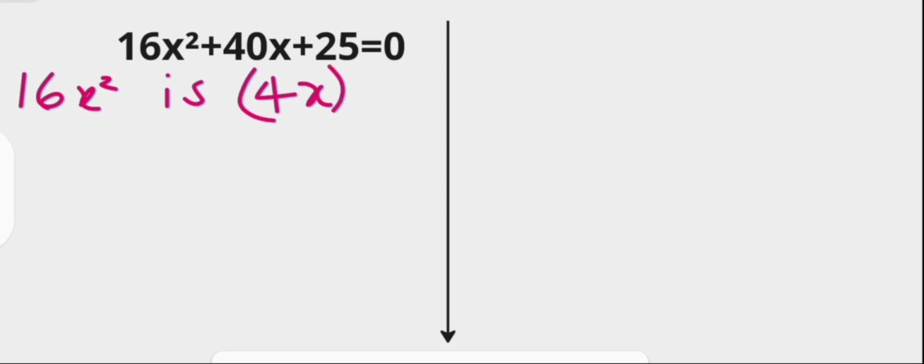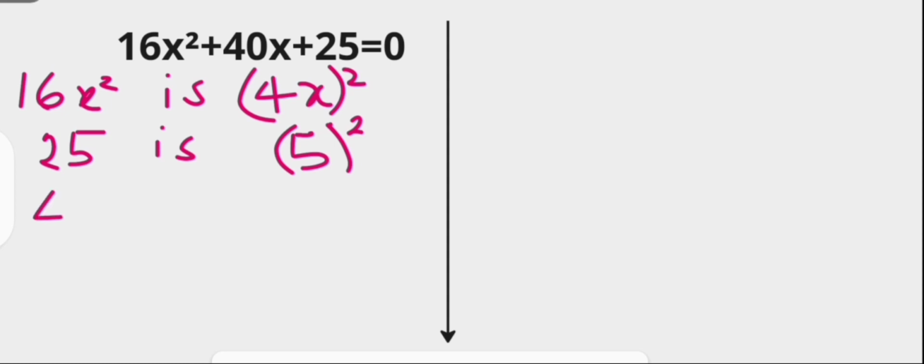Here is another example, 16x squared plus 40x plus 25 equals 0. Let's analyze it first. 16x squared is 4x all squared, that is the square of 4x. The last term, 25, is 5 squared, the square of 5.